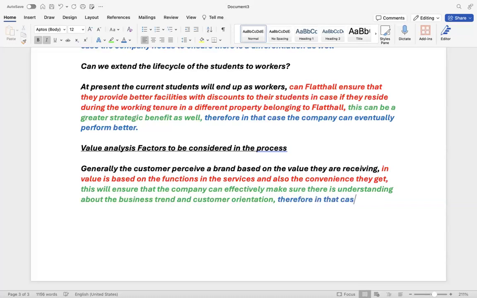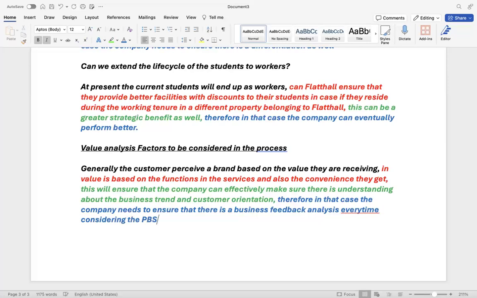Therefore, in that case, the company needs to ensure that there is a business feedback analysis every time, considering the PBSA model as well. Now that is the basic introduction.